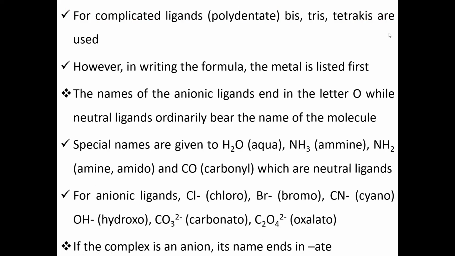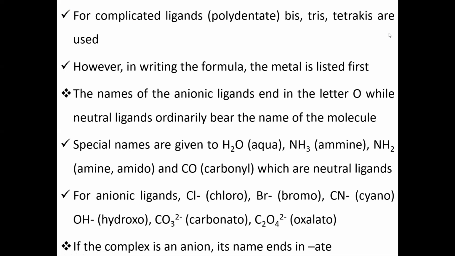Then another rule is for complicated ligands. What do we mean by complicated ligands? That is polydentate ligands. For polydentate ligands, because they are many and large, we actually use the words bis, not di, tri, or tetra.